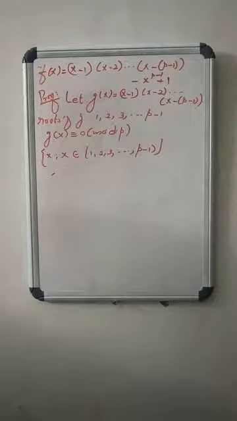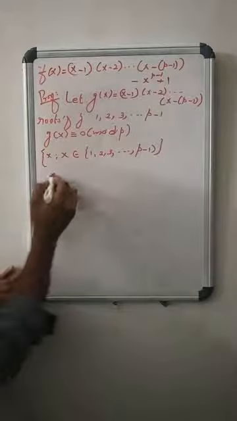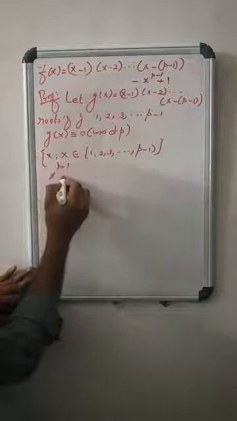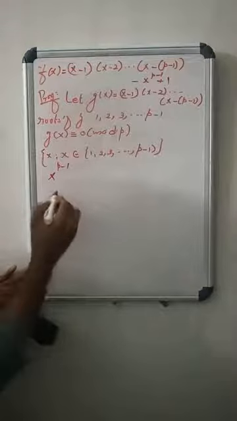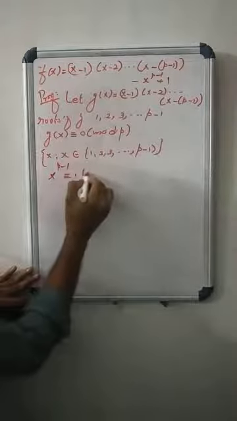From where? That is by, yes, Euler-Fermat theorem. Euler-Fermat theorem states that x power p minus 1 is congruent to 1 mod p.